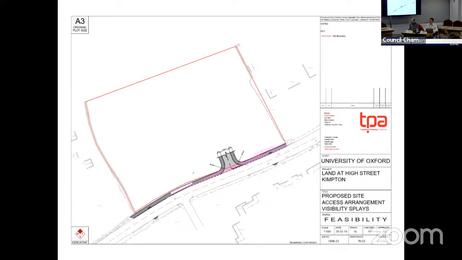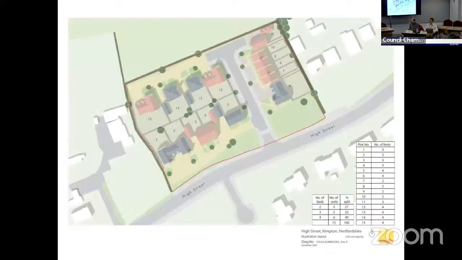And next slide. This is an indicative layout showing 15 dwellings, the new access and ancillary development within the site. That's the end of the presentation. Thank you.